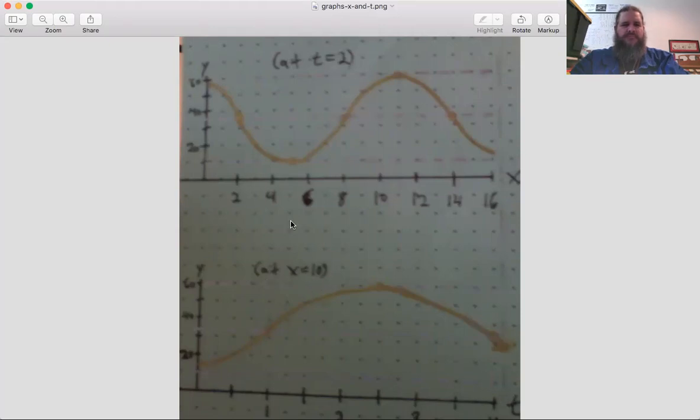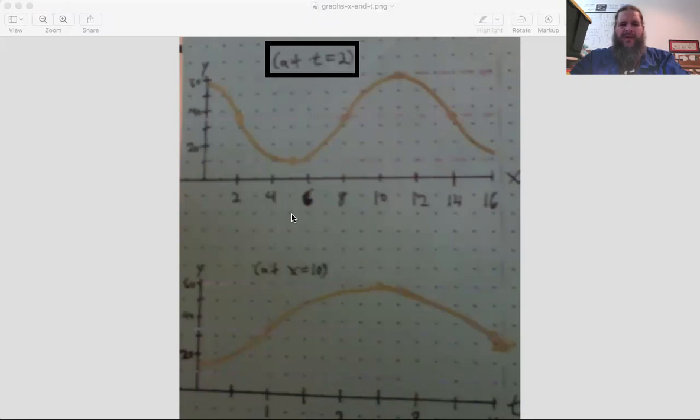At time equals 2. Right. So since this whole graph is at time 2, we're going to look for time 2 on the other graph. And it looks like time 2 is here, almost a crest, but not quite. Looks like it's at maybe y equals 50. So that's time 2, but also what x value?